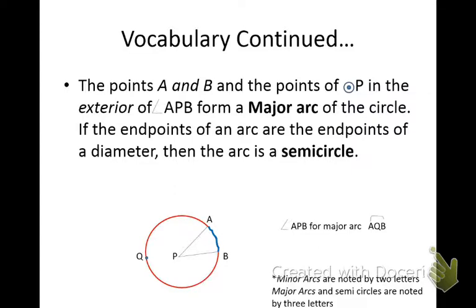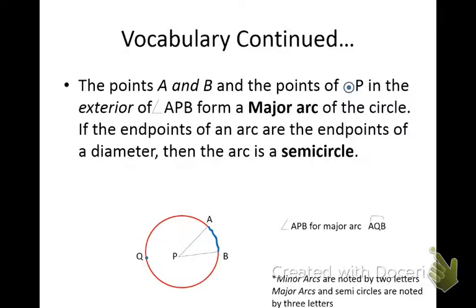You name a major arc with 3 letters, because the endpoints are the first and last, and then the point in the middle goes in the middle. I couldn't call the red line arc AB, because I don't know if I'm talking about the blue line or the red line.